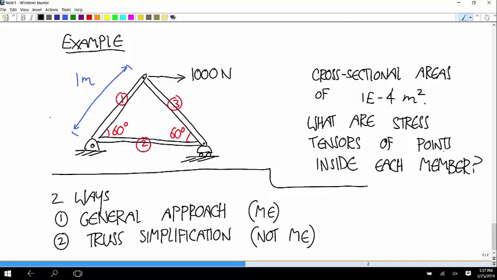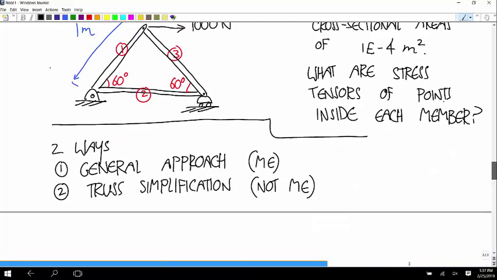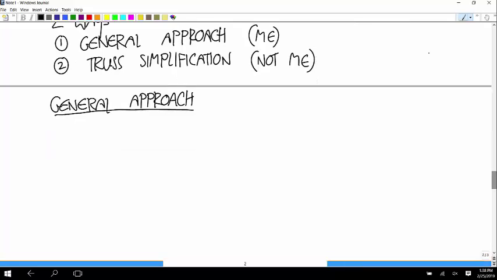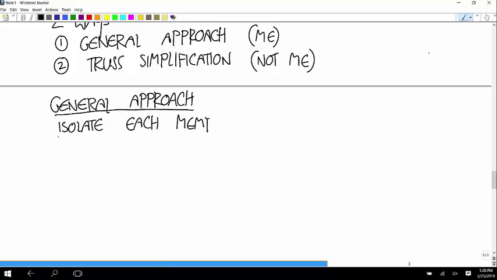Okay. So first, I guess let's do the general approach. For this, I'm going to treat each of those bodies as a rigid body and go through Newton's laws with each one individually. We're going to isolate each member as a rigid body.